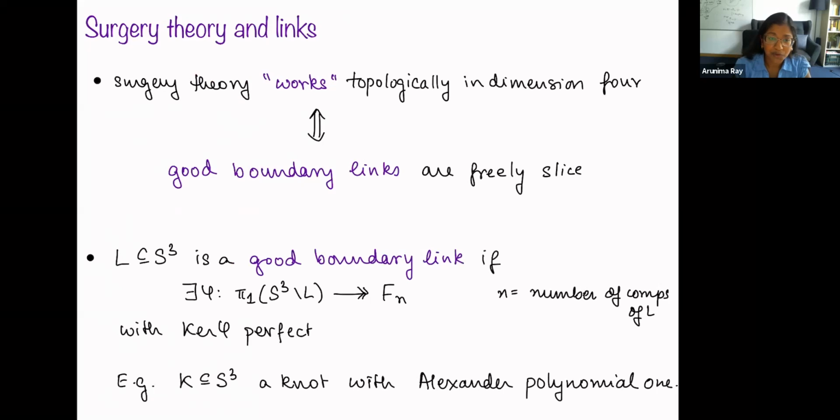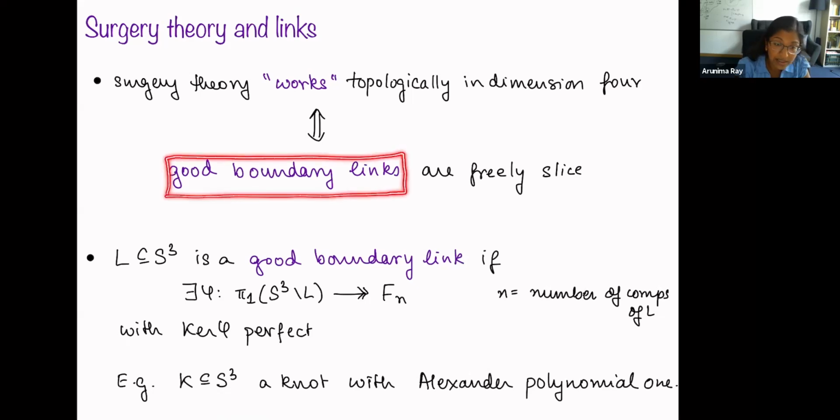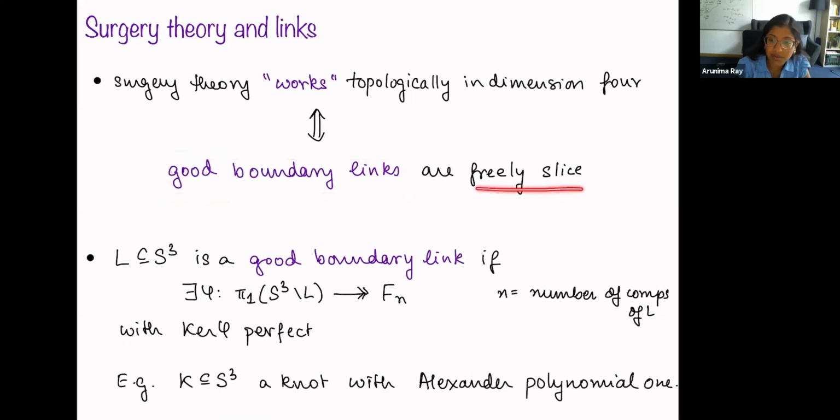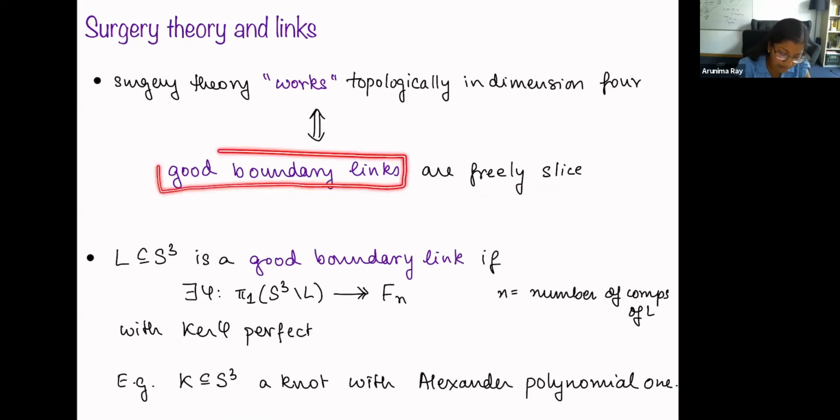But one cool fact is that these big results of surgery theory work in dimension 4 without restriction to good groups, precisely if a certain family of links in S3 are freely slice. Freely slice meaning the fundamental group of the disk complement is a free group. And now here below, I've given you the definition of what a good boundary link is. It's a boundary link. In particular, that means its components bound disjoint Seifert surfaces.